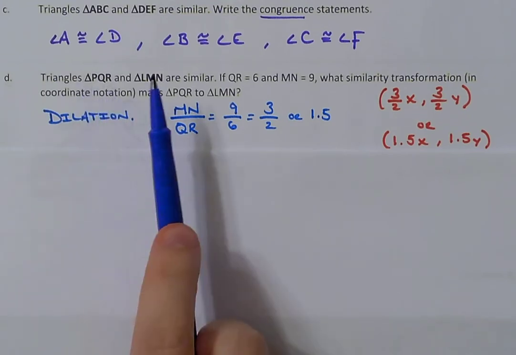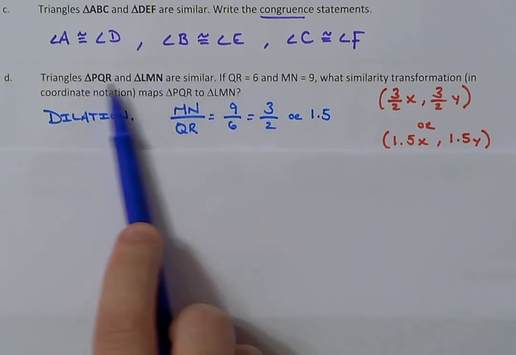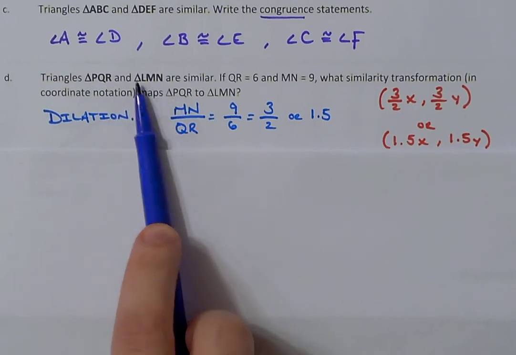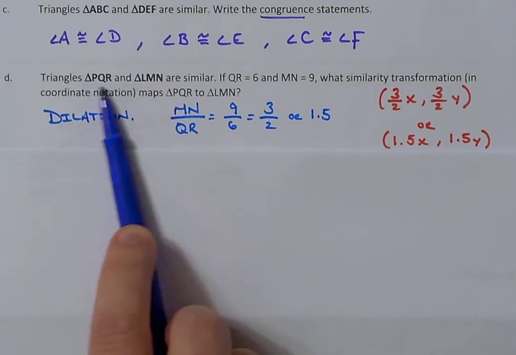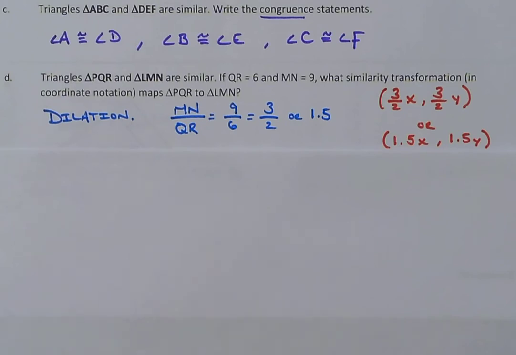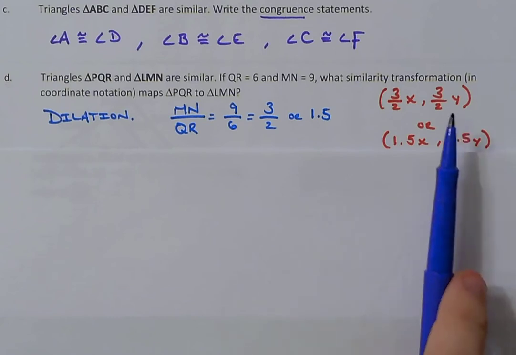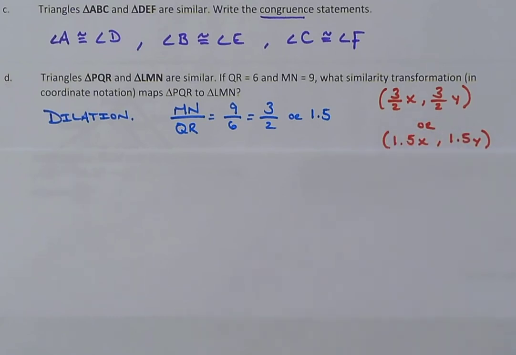Because we went from this triangle to this one, this one needs to be on top and this one needs to be on the bottom. So we went from 6 to 9. And if we do 6 times 1.5, we end up with 9. And this is going to be our answer. So that is how you do a problem similar to example 1, part D.